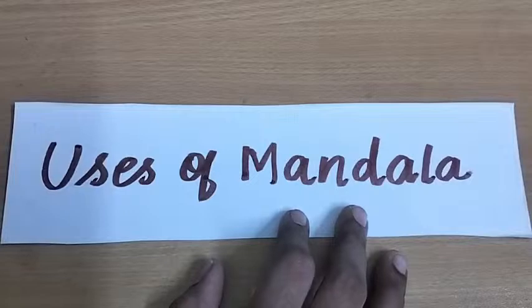That is the main connection of this artwork: the visual imagery connects the viewer to the universe. Mandala is also a personal artifact, and its meaning and use should be understood by the viewer. So whenever we do this art, we have to understand its meaning and how we are using it.